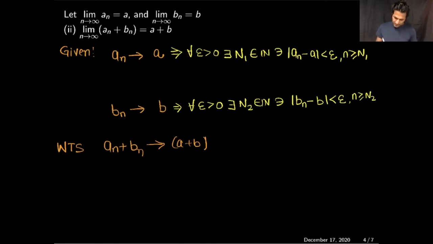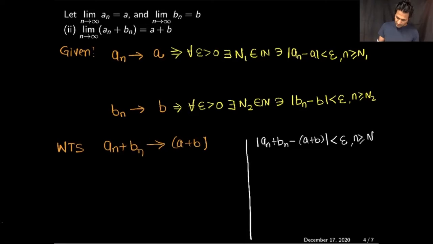Again, I'm going to do some scratch work here before I jump into the proof. In the scratch work, I would like to show that an plus bn minus a plus b, this quantity, is less than epsilon when n is bigger than some natural number N. And we want to find this N so that this inequality holds. In a similar manner, I'm going to take this quantity and manipulate it.